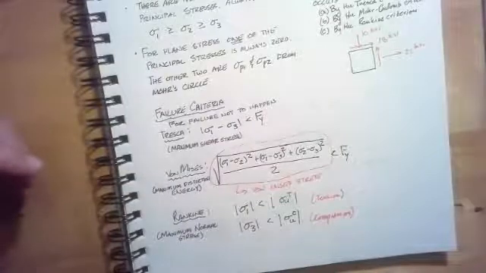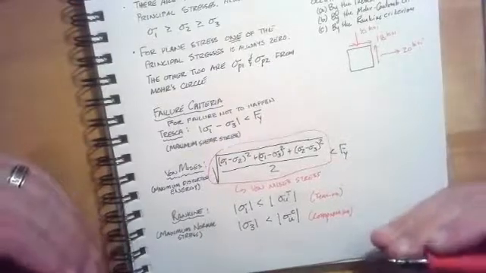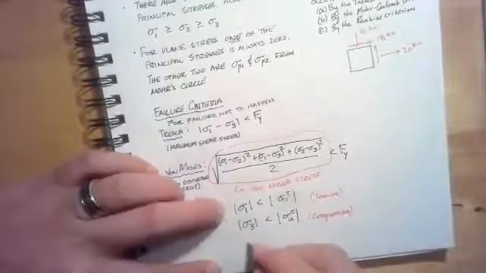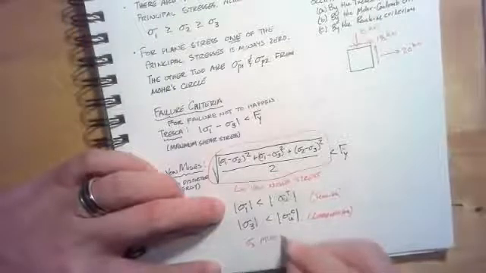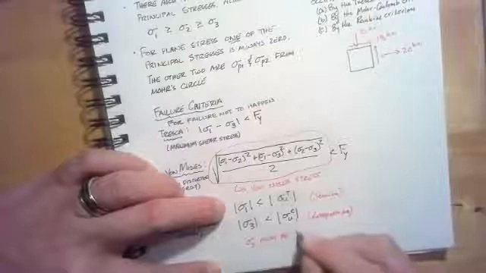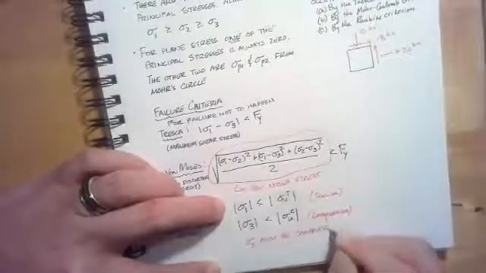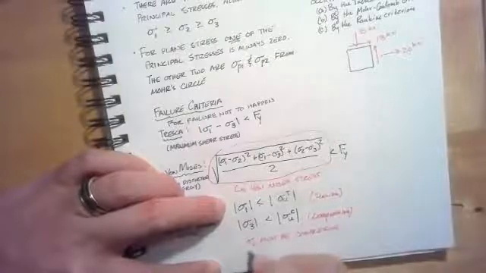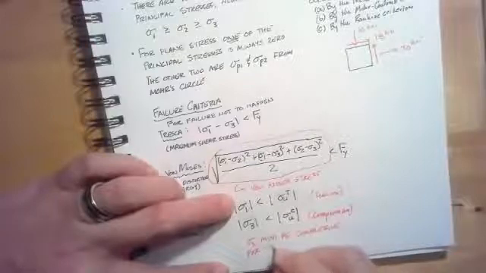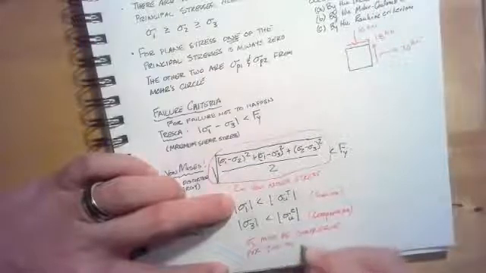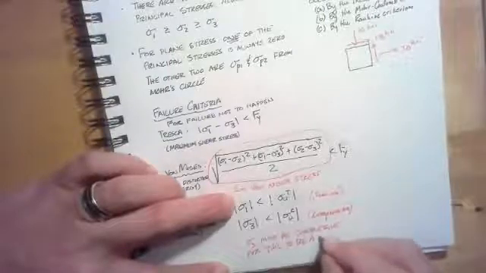In other words, we'd have to have a case where we had tension and a case where we actually had sigma 3 in compression. So I'll just put that note here. Sigma 3 must be compressive for this to be a failure mode.